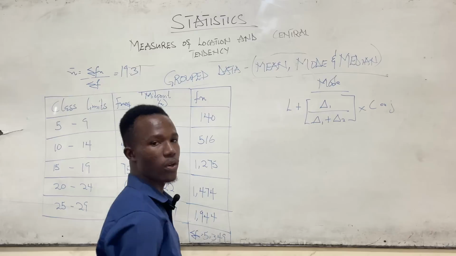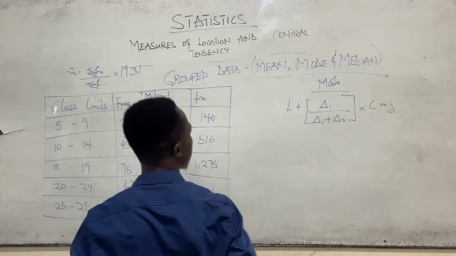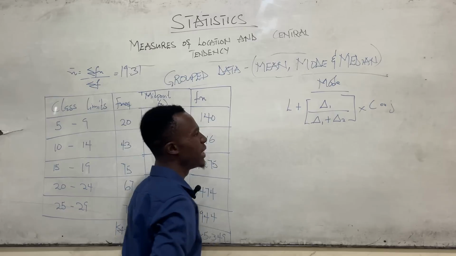Now we always say we start from the right, so the class intervals, we have the class intervals here, right? Okay, change 1 means what?